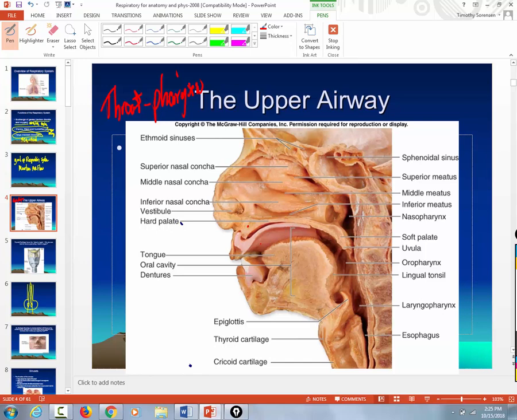No, that's my dyslexia. You can, right here, pharynx. You got me? So the pharynx is divided into three parts. You have the nasopharynx, the oropharynx, and then the laryngopharynx. So the pharynx as a whole is divided into three parts: nasal, oral, and laryngopharynx.